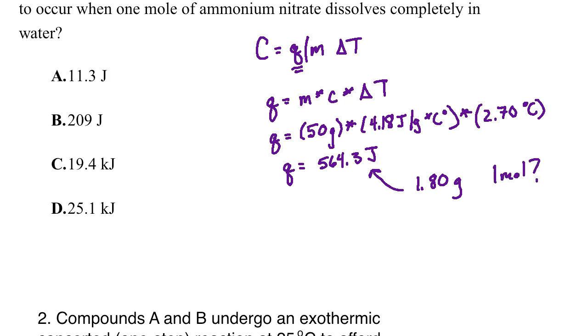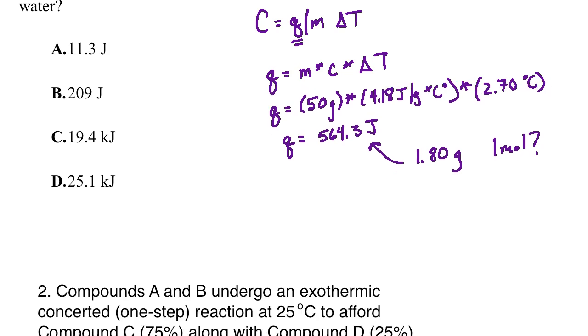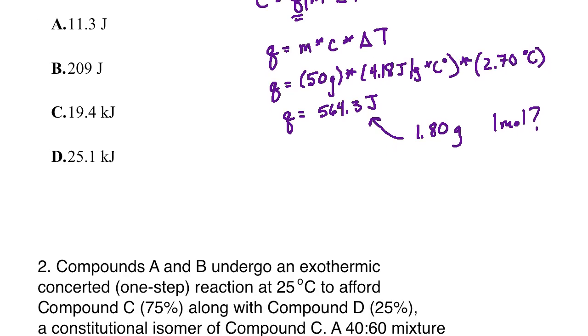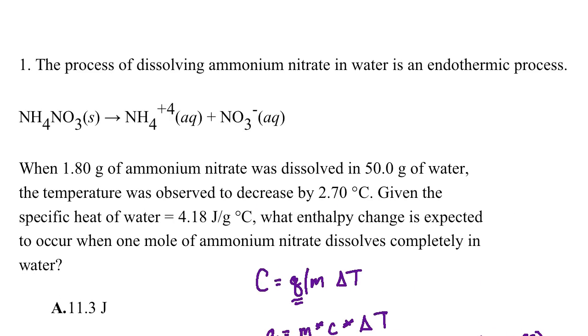Right? So this is a fairly simple process, but what you will need is the molar mass of the ammonium nitrate. So if we go back up and take a look, here is the ammonium nitrate. So you would need the molar mass of this, and you could do that. Remember that nitrogen is equal to 14, okay, and we're going to use approximate values here.